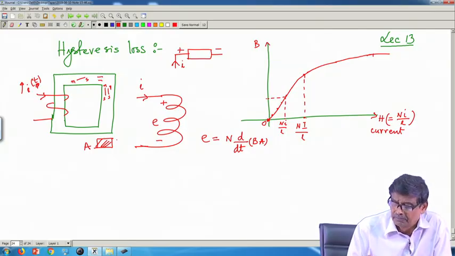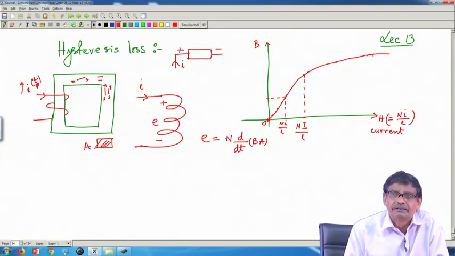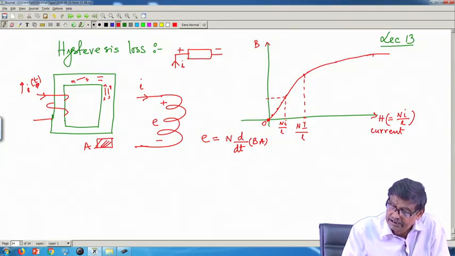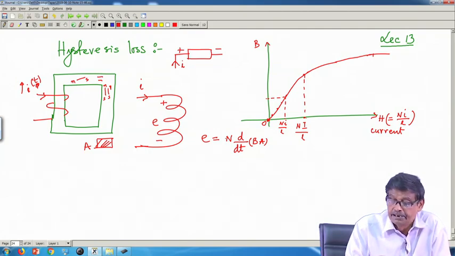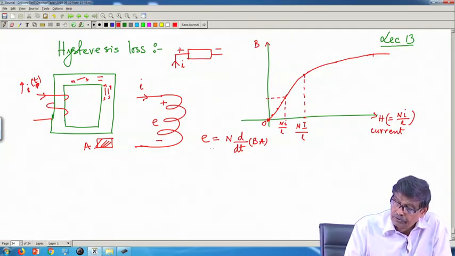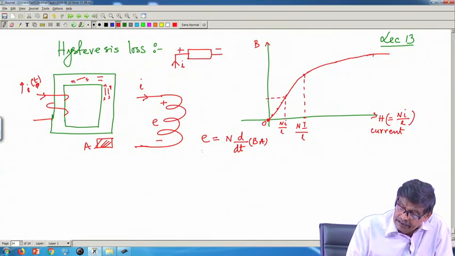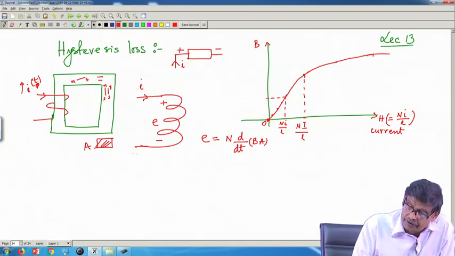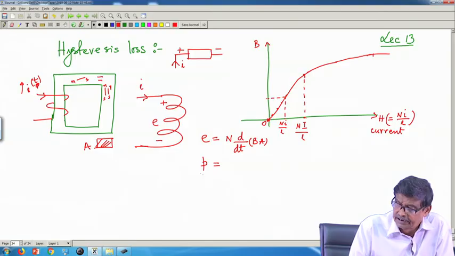Do not be under the confusion that minus I have not written. N d(BA)/dt is positive and polarity I have very correctly put on this diagram. So, this is the induced voltage. Therefore, instantaneous power absorbed by the coil, this I am just writing dP.